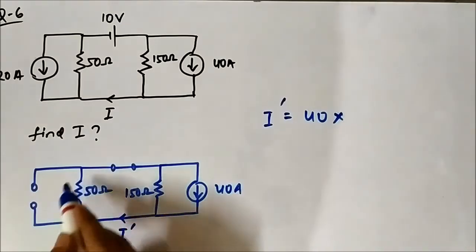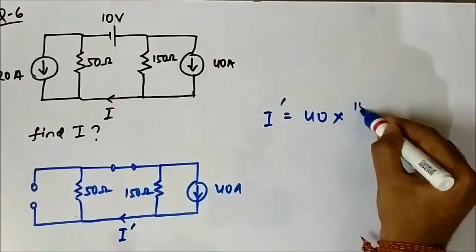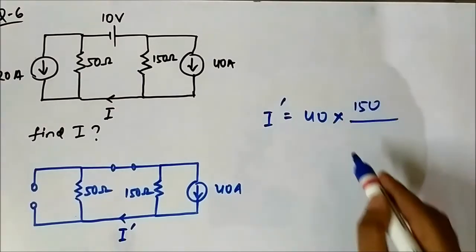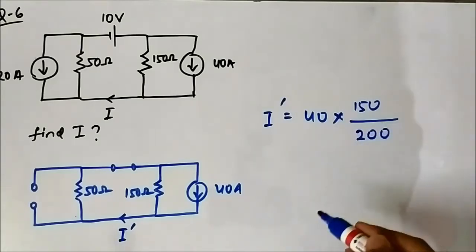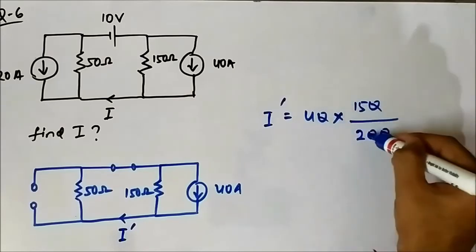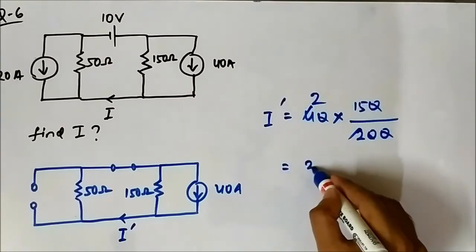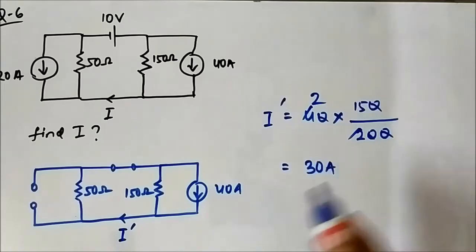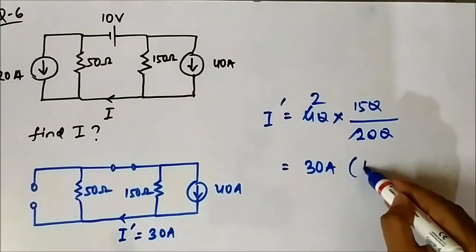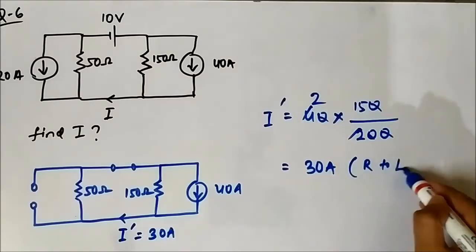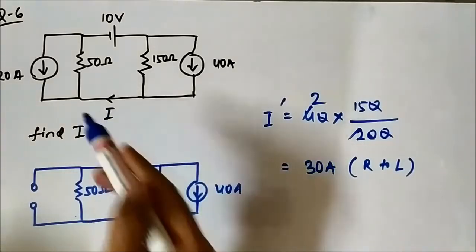We have to find this current flowing through 50 ohm, so we multiply with the other resistor, 150, divided by the sum, which is 50 plus 150, which is 200. So it is 30 ampere. This I dash value is 30 ampere and it is from right to left, the same as this reference direction.